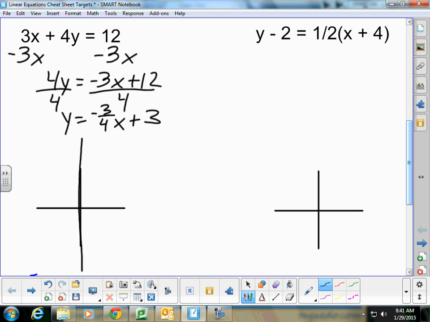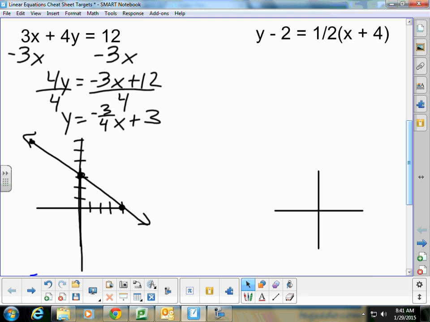So I can begin, start at 0, 3, move according to my slope of down 3 over 4, up 3 over 4 the other way. And that line is the other line I had. Same thing, just a different way to go about it.